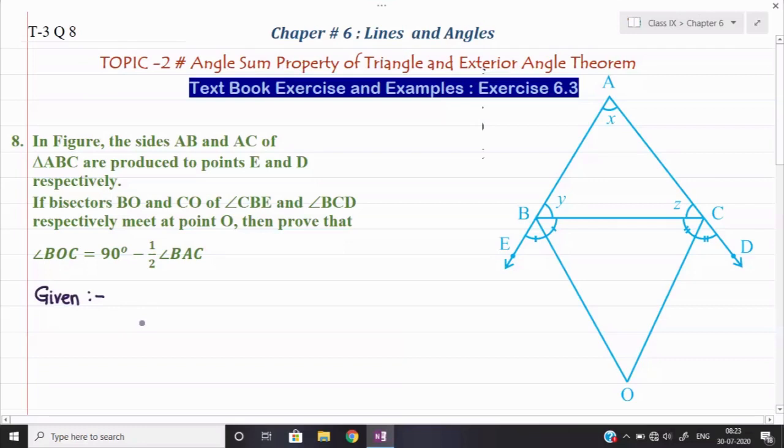So we shall write down that sides AB and AC are produced.